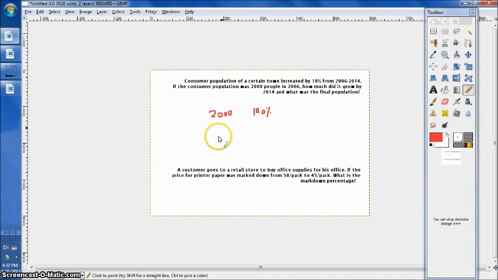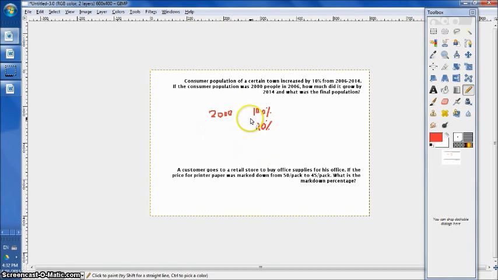I don't know what the value is for 2014. So I know that it went up by 10%, so automatically this is 110% in 2014.